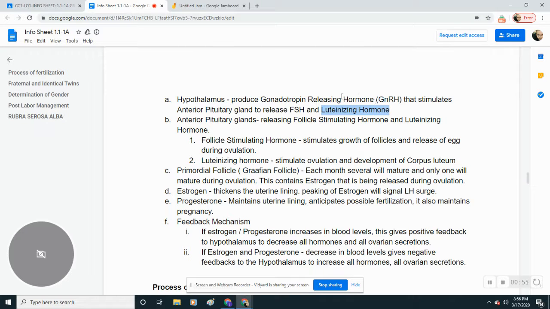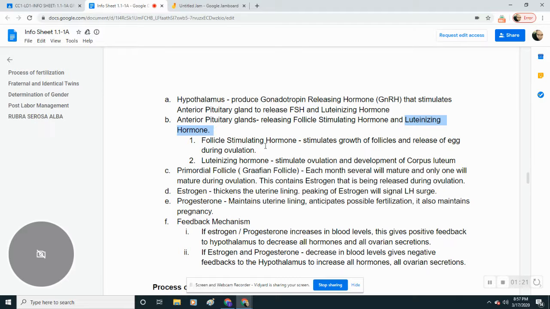These two hormones are released by your anterior pituitary gland. Remember, again, the hypothalamus releases your GnRH that stimulates your anterior pituitary gland to release gonadotropins such as follicle stimulating hormone and luteinizing hormone.